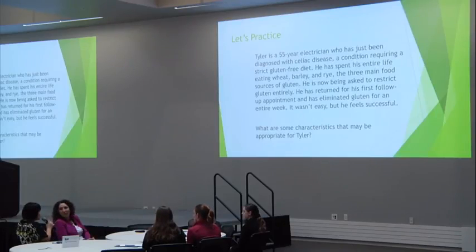I think the other thing is you can probably acknowledge that, like the last sentence, it wasn't easy, but he feels successful. So, kind of showing that support that it is not going to be an easy course, especially if you grew up eating normal food, and now you have to learn to read the label. You have to watch what you eat to prevent yourself from being sick.